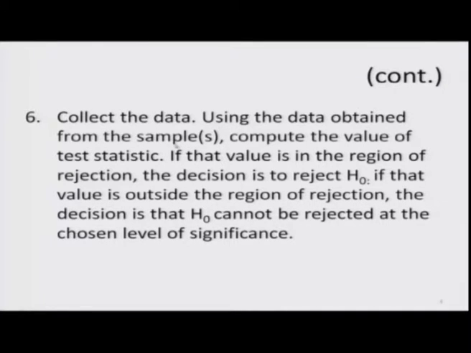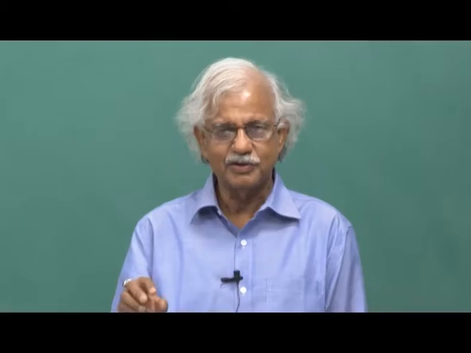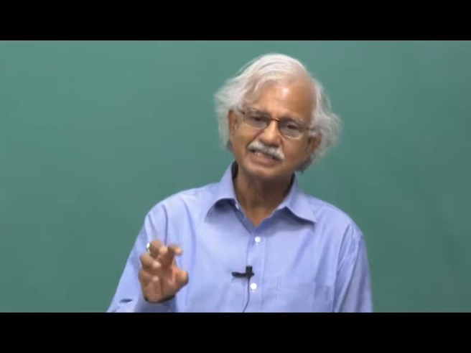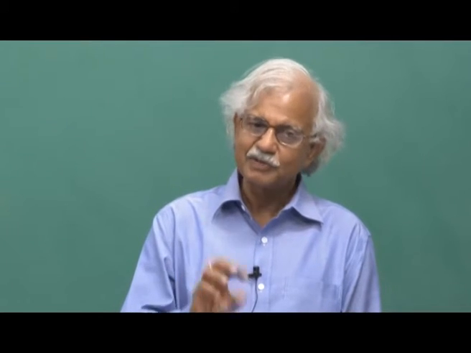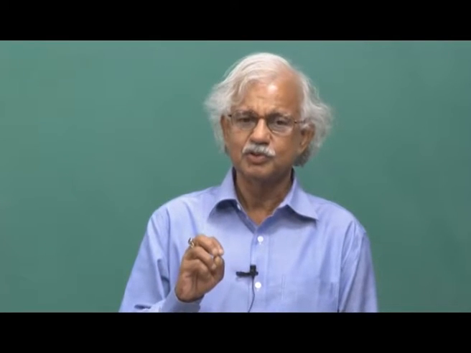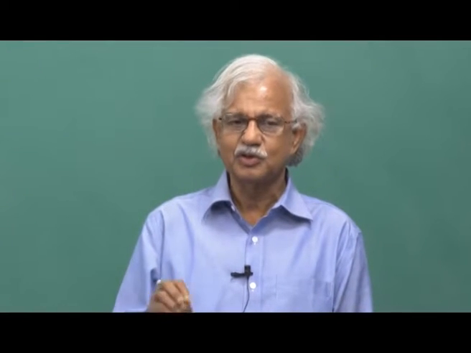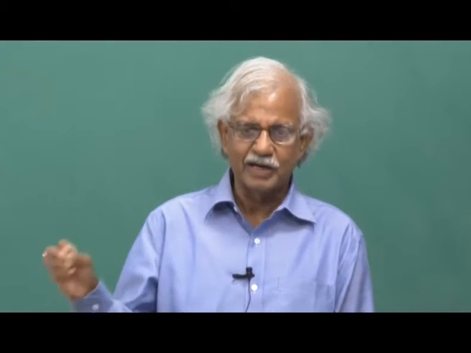Collect the data, using the data obtained from the sample, compute the value of test statistic. If that value is in the region of rejection, the decision is to reject H0 and then accept H1. It is not that after rejecting H0 you will decide what H1 could be. Your theory, your review of literature must suggest right in the beginning what is H1, and you must also be prepared to accept or reject H0, or reject or accept H1.